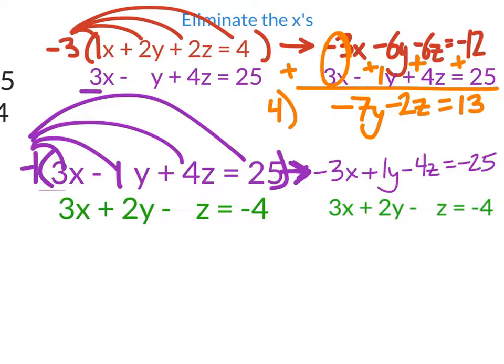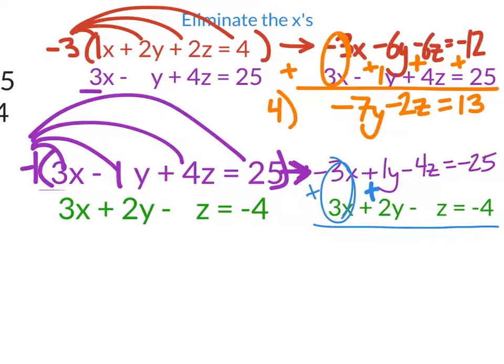So now that we have it like this, we can add all of the terms separately with their corresponding variables. And when I do that, for example, the x's, again, that's going to create a 0 right there. But I need to do it with all the other terms.